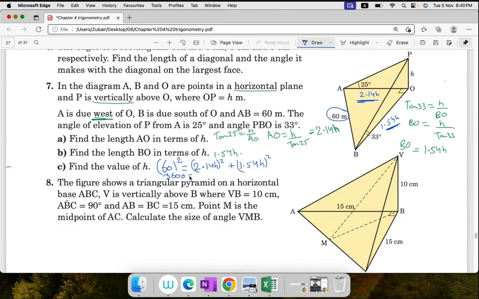That's 3600 equals 2.14 squared plus 1.54 squared, and I'm left with 6.95H squared. So we divide 6.95 on the other side. 3600 divided by 6.95 is 517.89. H squared is equal to 517.89. Square root both sides, and the height is 22.75. We'll just round it off, 22.8 meters.